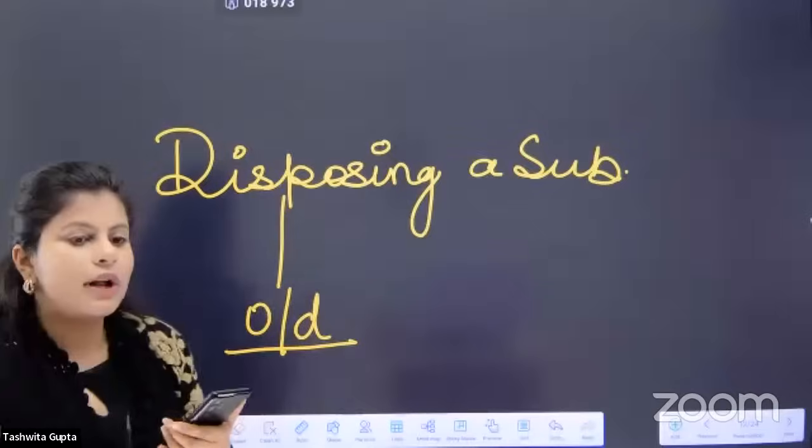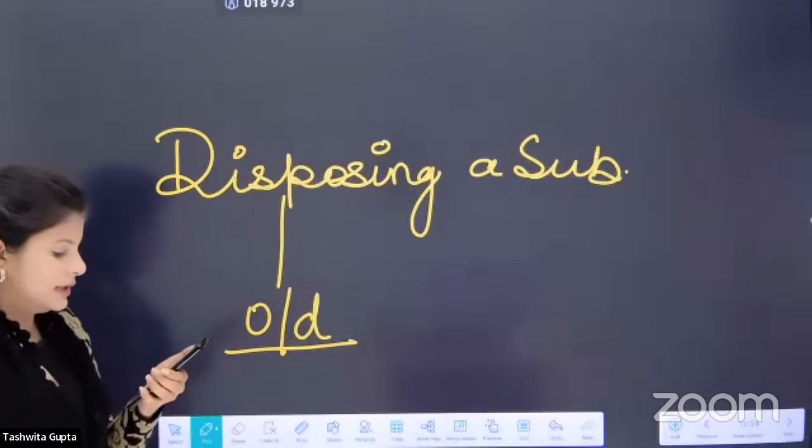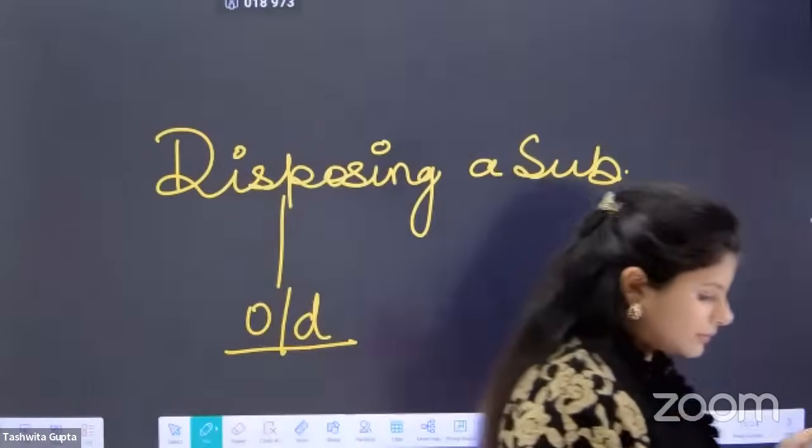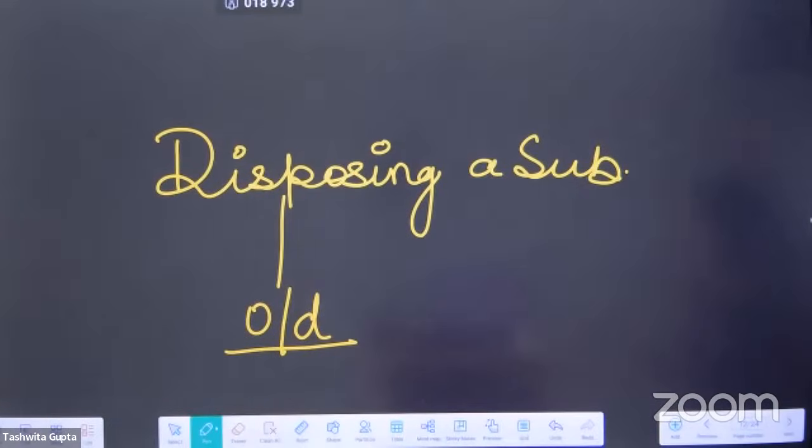Cash outflow or cash inflow? Inflow, outflow. Okay. Very good. It's an inflow.